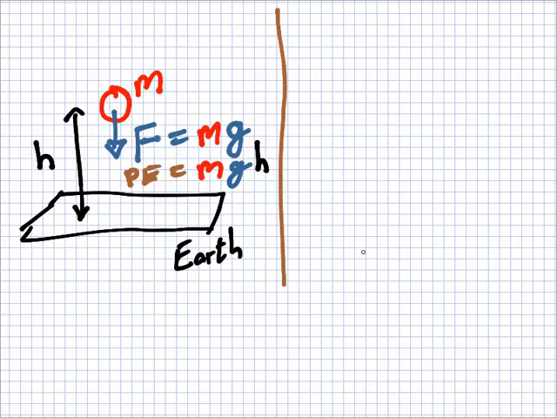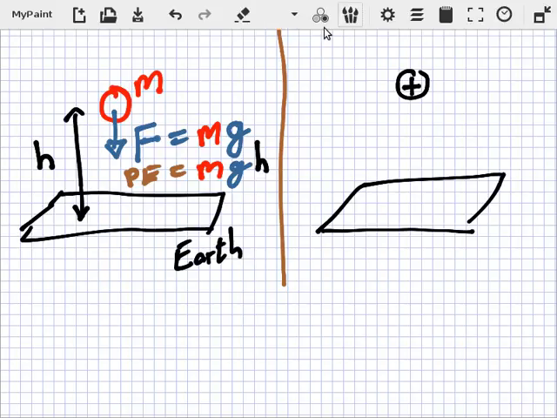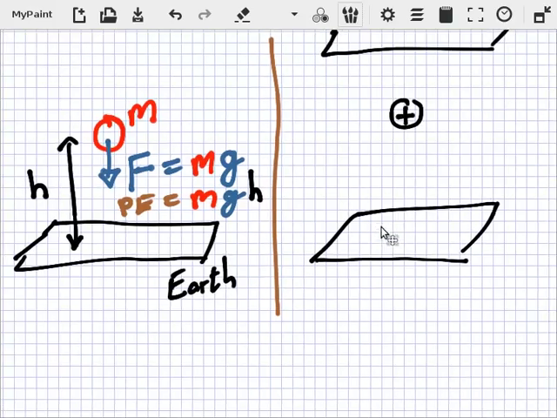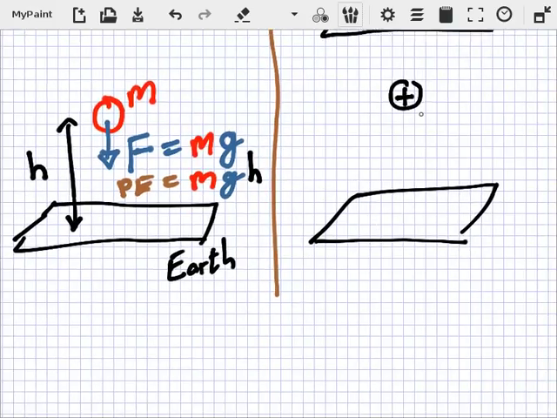Okay, well, let's look at the picture now. Instead of this, let's imagine we're looking at something here that has a positive charge, and up here's another plate. Okay, now we'll call this plate negative.